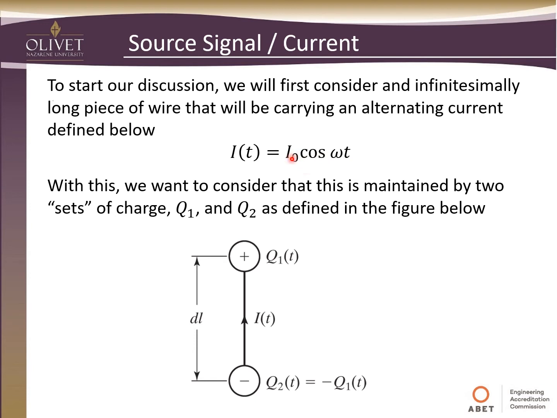It'll have a magnitude of I sub 0, and we're going to think of that in terms of this charge Q1 of t, and then on the polar opposite end of it, Q2 of t, which is just the negative of that. So it's going to be out of phase 180 degrees, or negative Q1 of t. And we're going to see these separated by this infinitesimal unit length dl, and that's what produces this current I of t as they're going back and forth in opposition to each other.